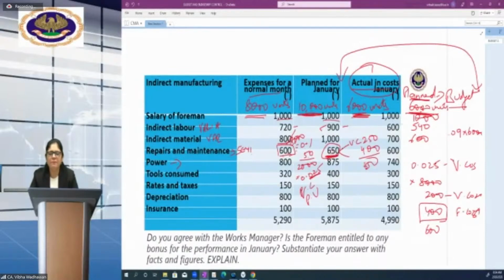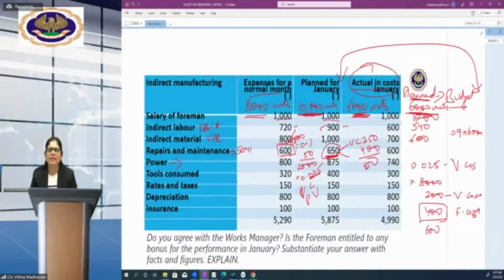So repair and maintenance is a semi-variable cost, first point. Second point, you have to split the semi-variable into fixed and variable. You have to find out the variable cost, and the balance will be fixed cost.